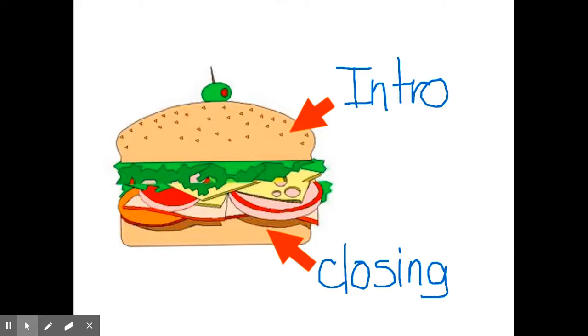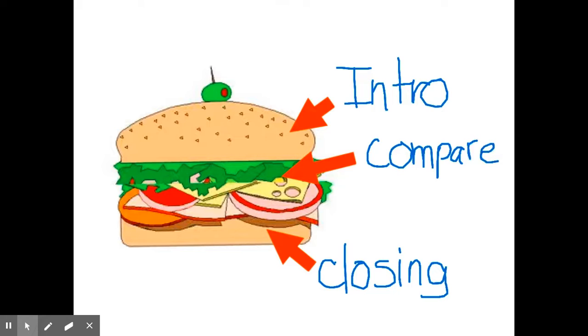Then in the middle of your essay, you have 2 major parts for compare and contrast. The first part is sort of like the toppings on your sandwich, and that's the paragraph that compares the 2 items that you are taking a look at.